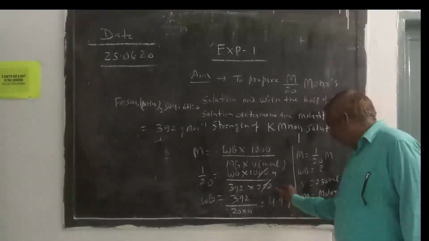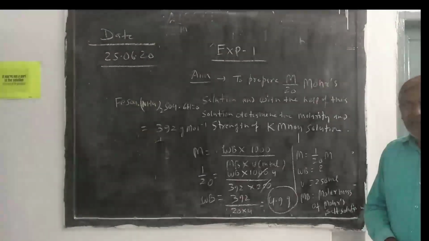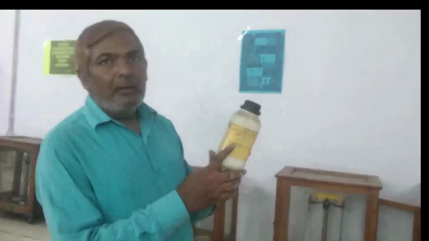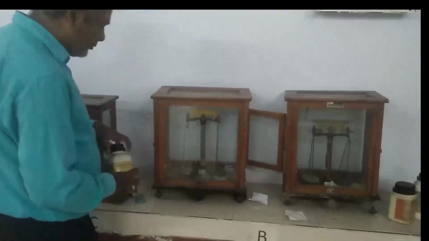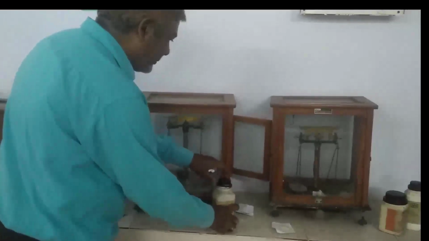So 4.9 gram is going to be weighed with the help of a physical balance. Here is the physical balance, and here is Mohr's salt, ammonium ferrous sulfate. So we will take Mohr's salt in this physical balance.